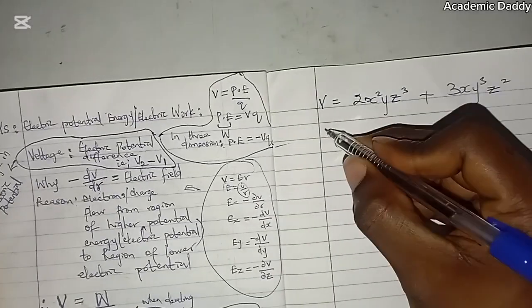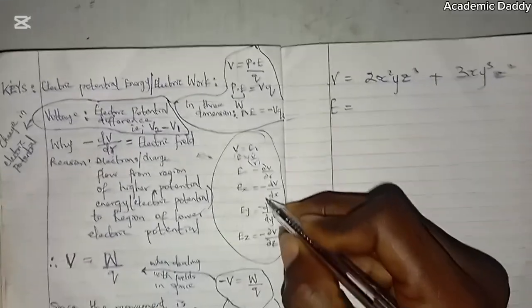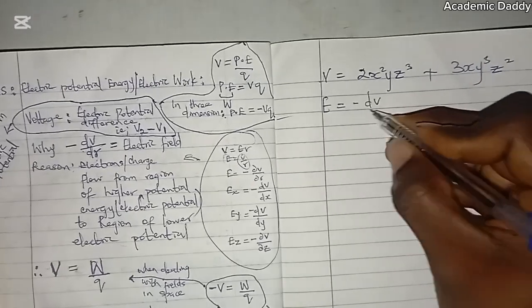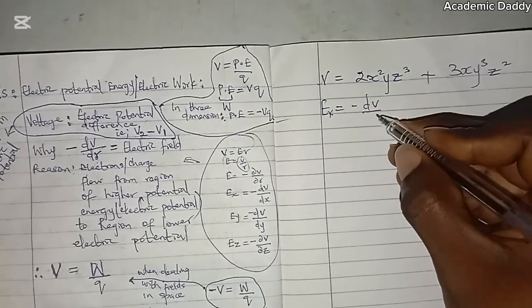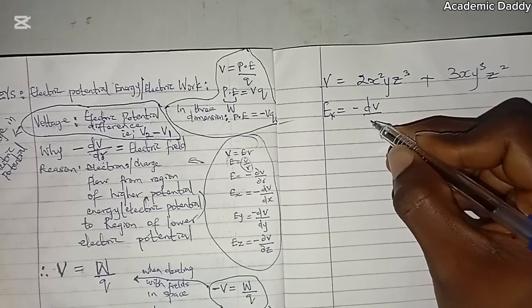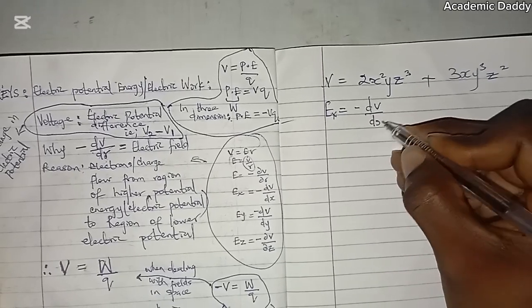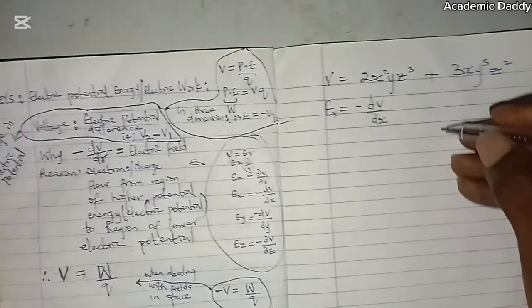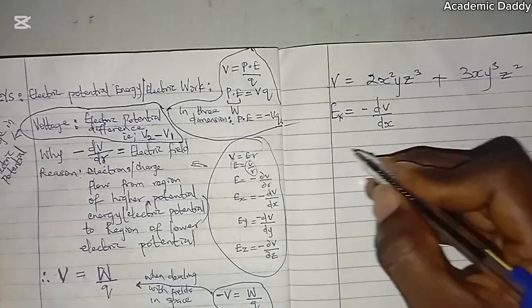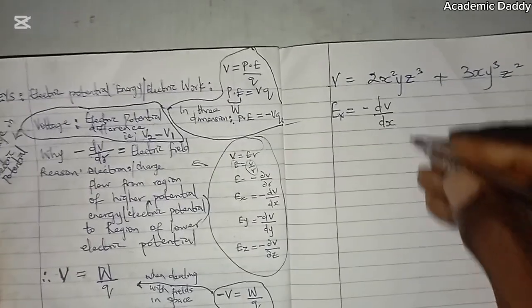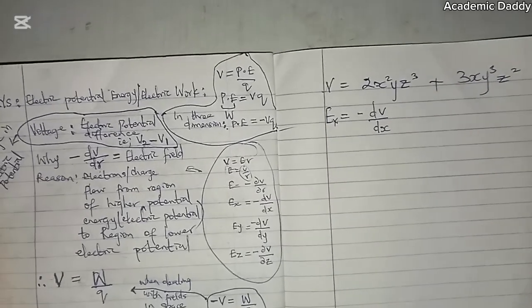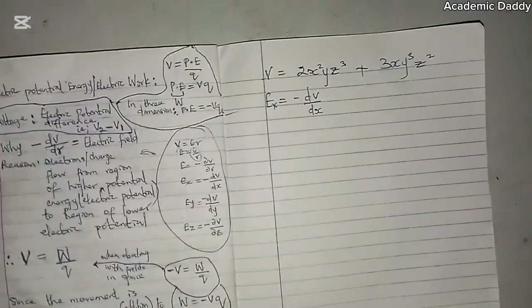This is the formula. So E on the x-axis will simply be minus dV with respect to change in x. And you know that it is a vector.